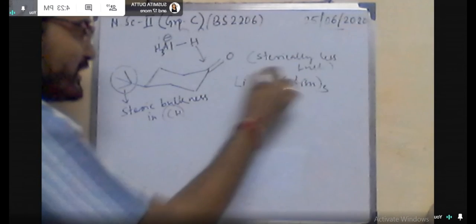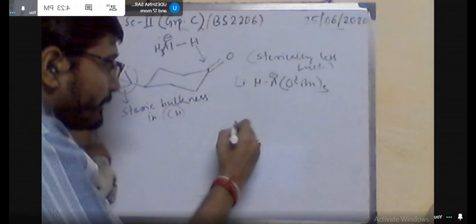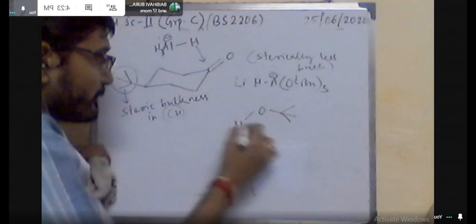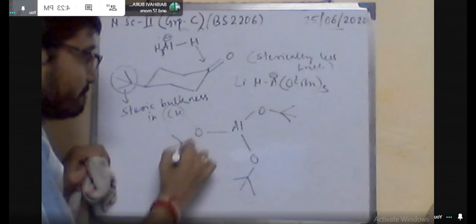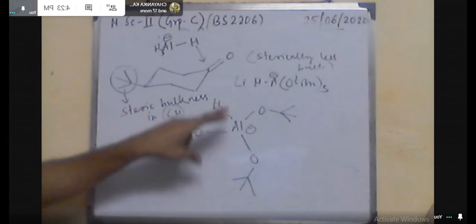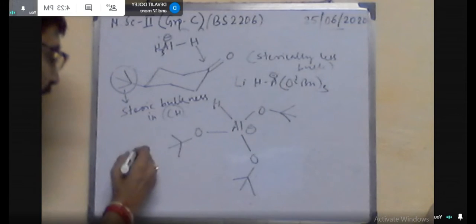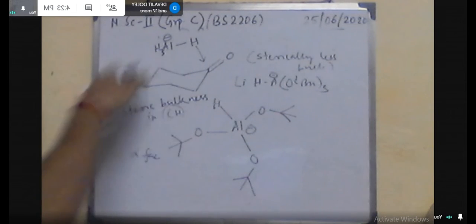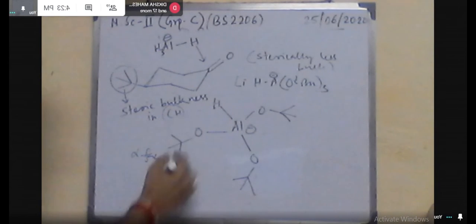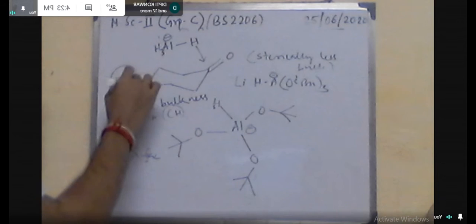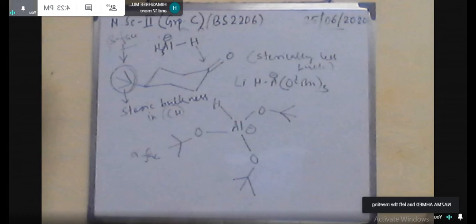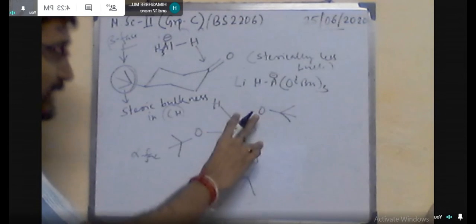So in this case you will get the structure where the OH is in the beta position and hydrogen is in the downward position. Though it is not stable, with additional gauche-butane interaction and more steric crowding, due to this steric hindrance it is preferred to form this structure.